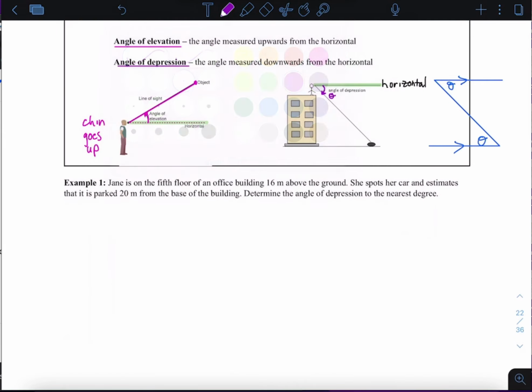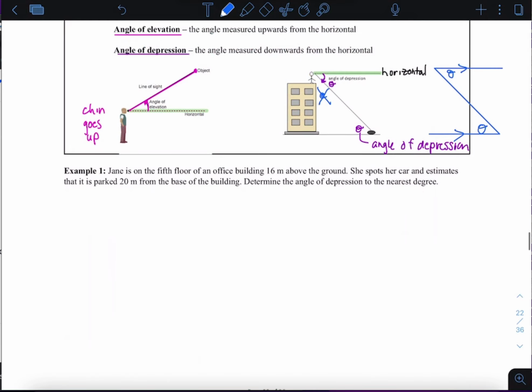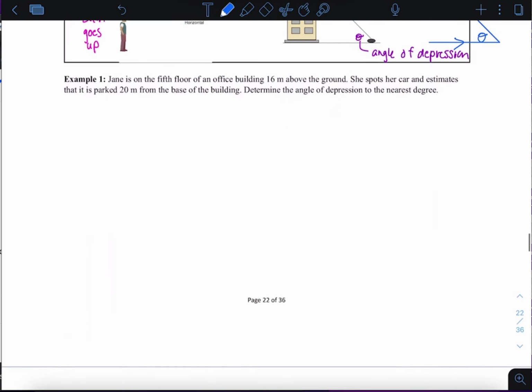So if I were to label a second angle here, this is equal to the angle of depression. Okay, so beware. It is not this one. Okay, it is not that one there.